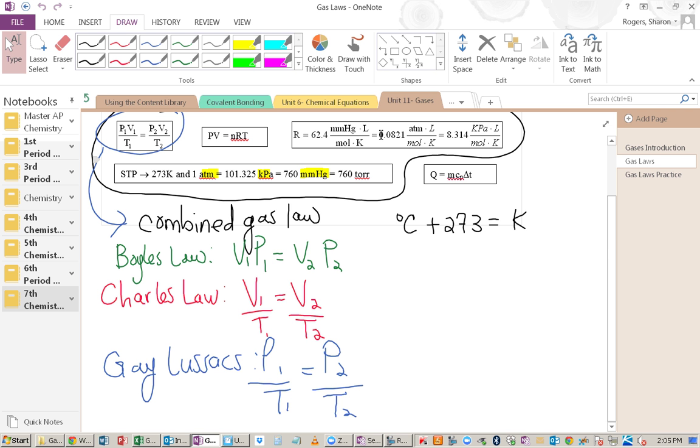And you are going to have to know how to convert from one to the other. I'll show you how to do that in just a minute. But one conversion I already showed you was degrees Celsius to Kelvin. If you're given degrees Celsius, all you do is add 273 to convert to Kelvin.